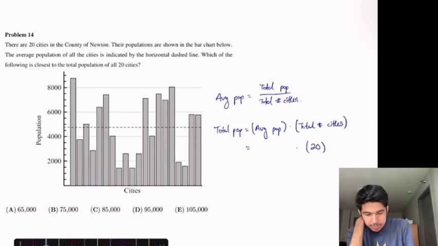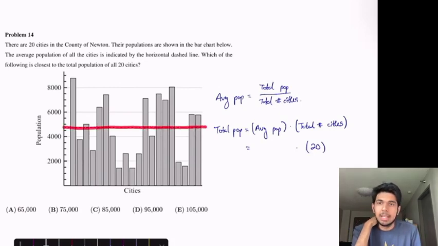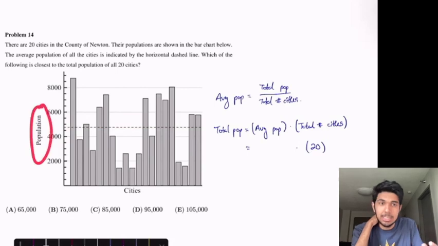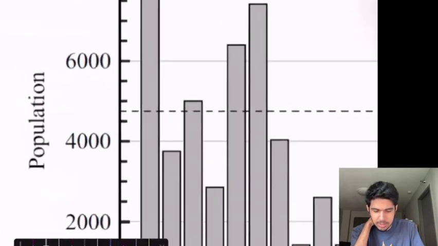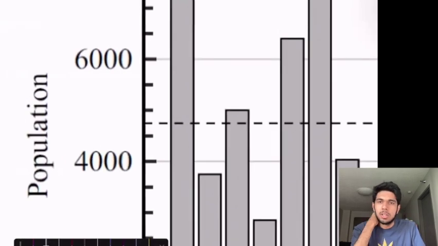How do we find the average population? For that, we're going to have to look at our dotted line and see where it touches this y-axis that indicates population. So let's zoom in to here. We'll make the assumption that these tick marks are equally spaced, meaning that when we go up from 4,000 to the next tick mark, that's an equal amount increase as going from that tick mark to the next tick mark.